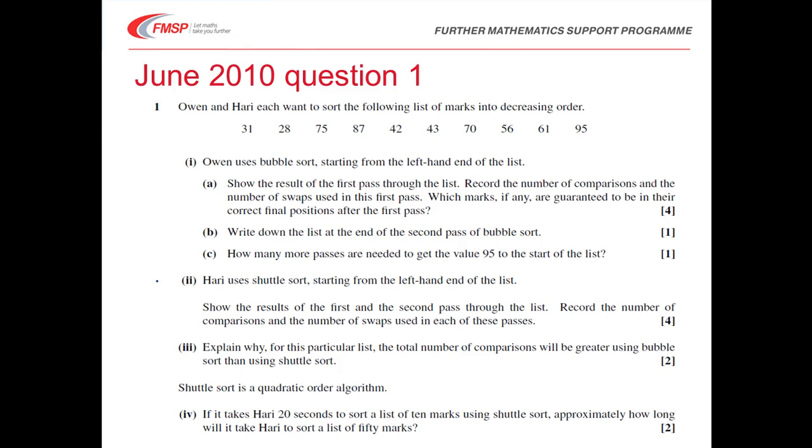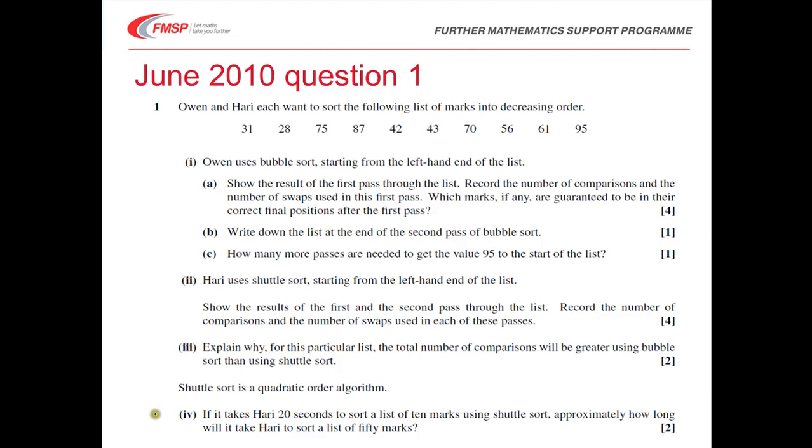Then in part 2 we're going to use a shuttle sort. So we've got to show the results of the first and the second pass through with a shuttle sort, recording comparisons and swaps. Explain why for this particular list the total number of comparisons will be greater with the bubble than with a shuttle.